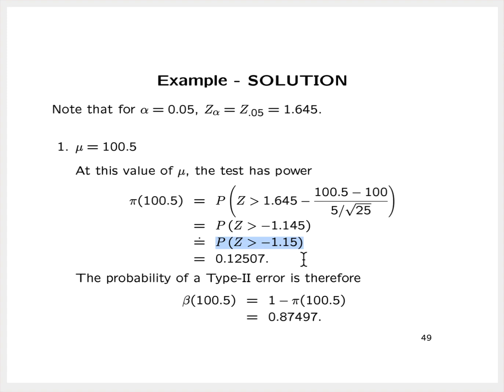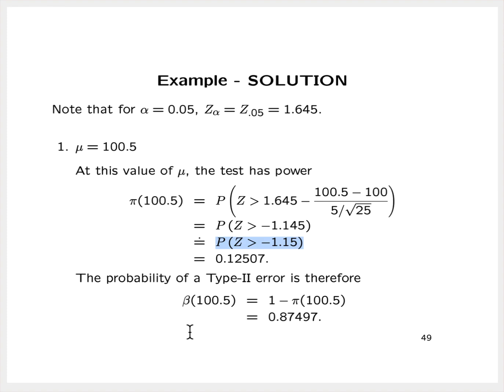With the power being 0.12507, the probability of a type 2 error, we can find using the complement rule, it's just 1 minus the power at this point. And so that would be 0.87497.